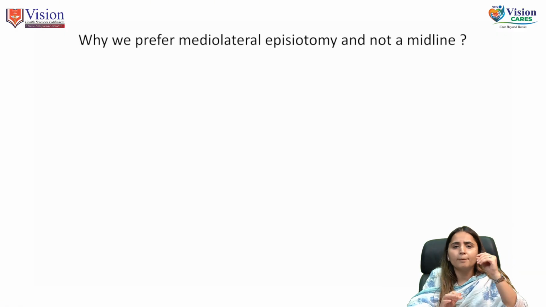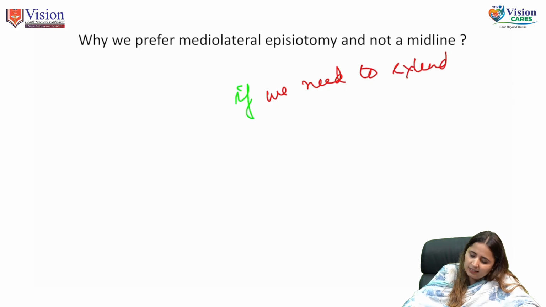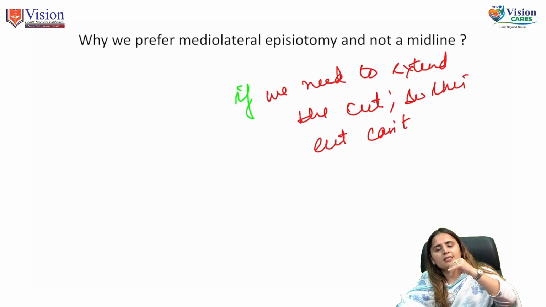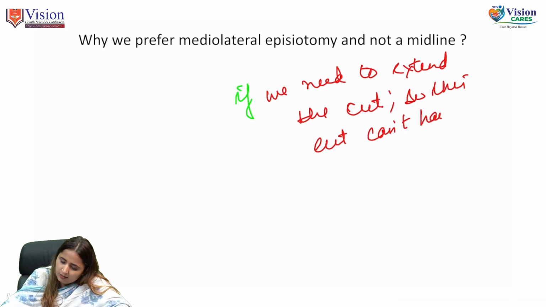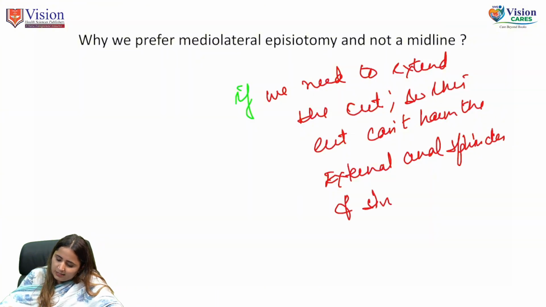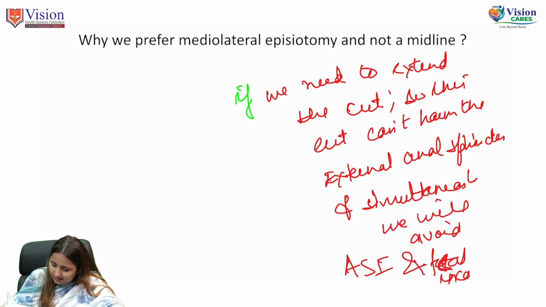It is easy to suture, but still we prefer the mediolateral because if we need to extend the cut, this cut cannot harm the external anal sphincter and simultaneously will avoid anal sphincter injuries and fecal incontinence.